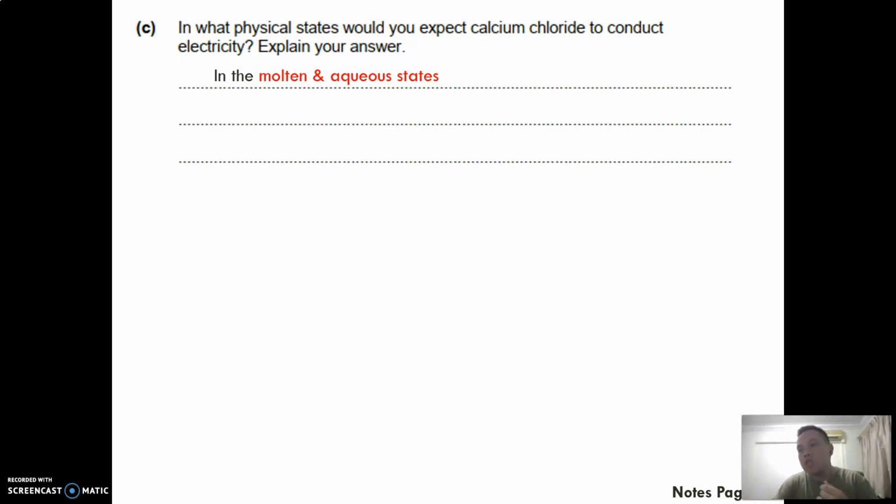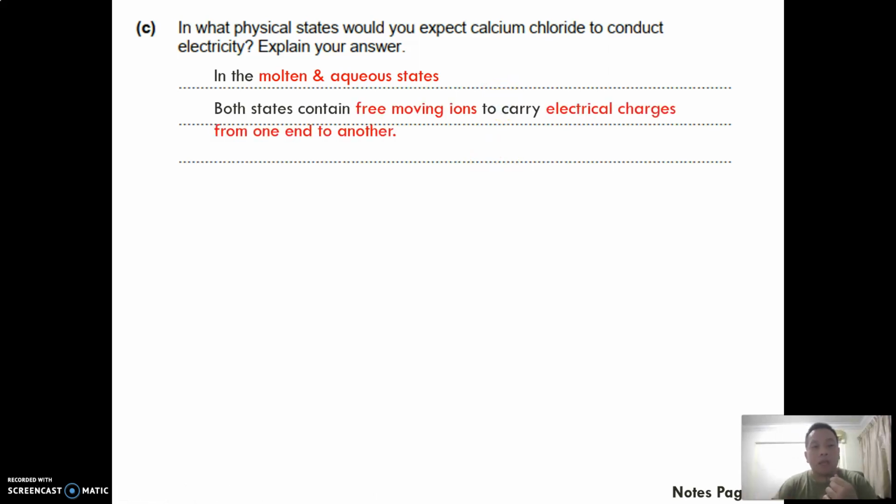Aqueous state just means that the ionic compound has been dissolved in water. Why? The second part is to explain your answer. You need to tell me that in both the molten and the aqueous states, the compound will have free moving ions that can carry electrical charges from one end to another.